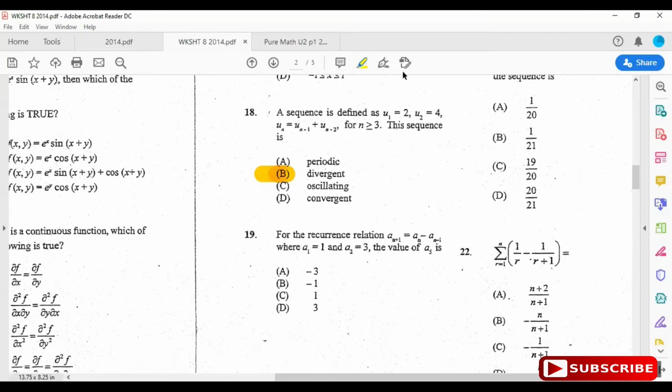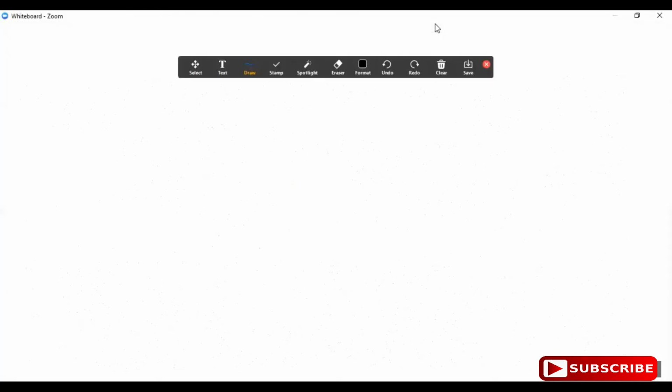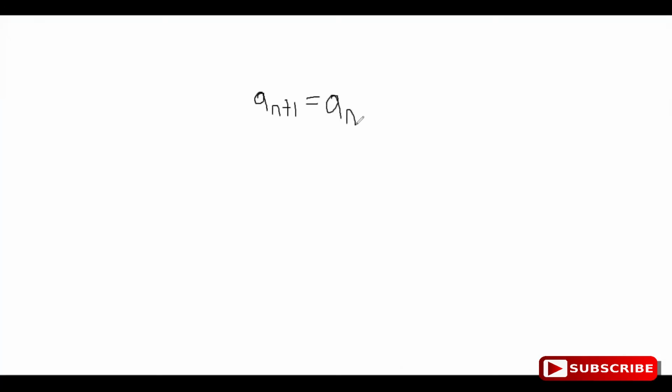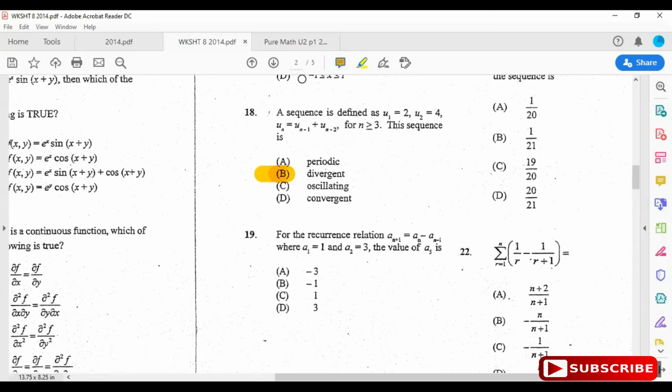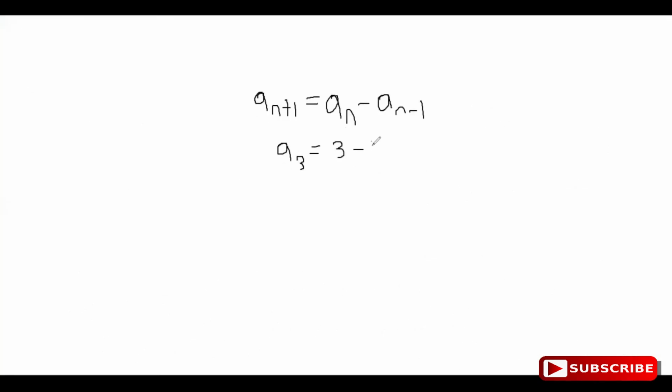All right, so we have an minus a(n-1). Now, before we can find a5, we need a3 because they gave us a2 and a1. So a3 is going to be equal to a2 minus a1, which is 3 minus 1, which is 2. So a3 is 2.